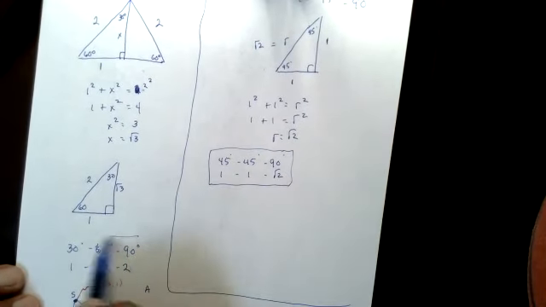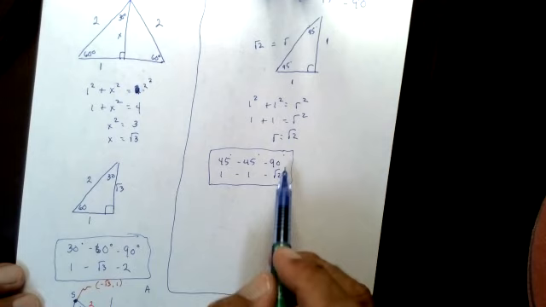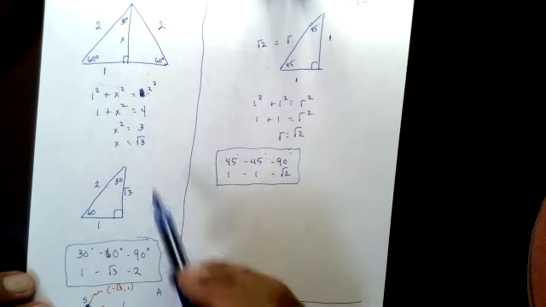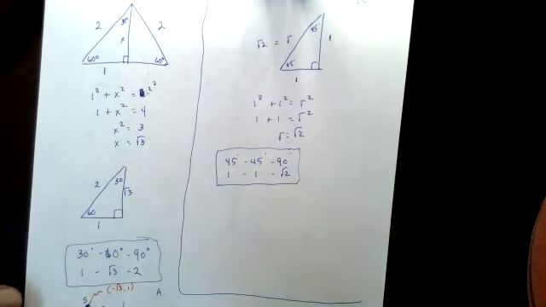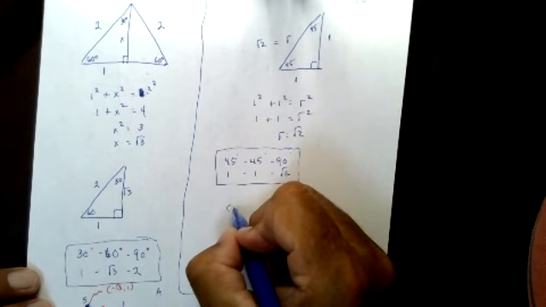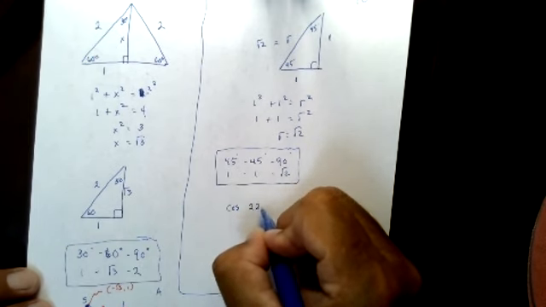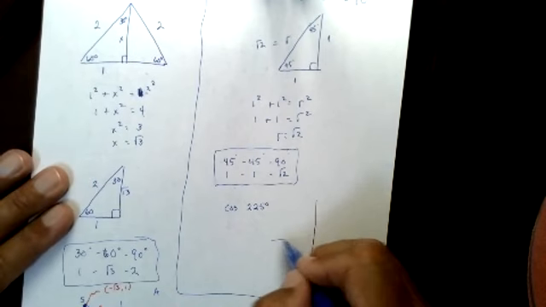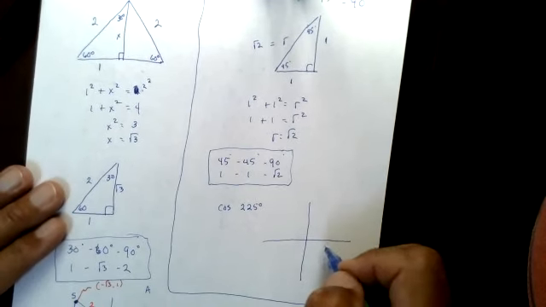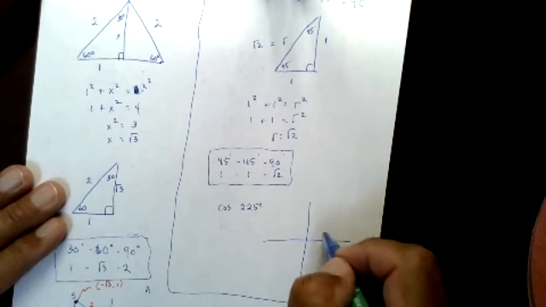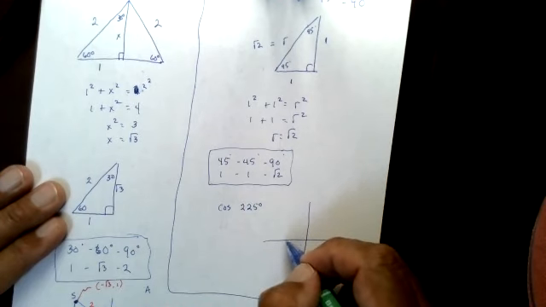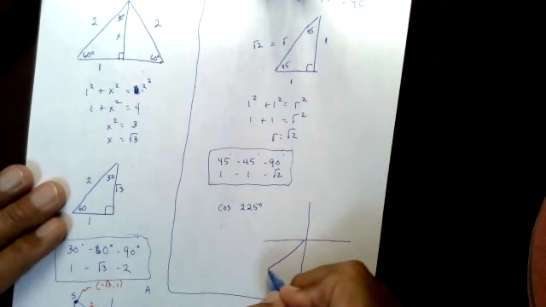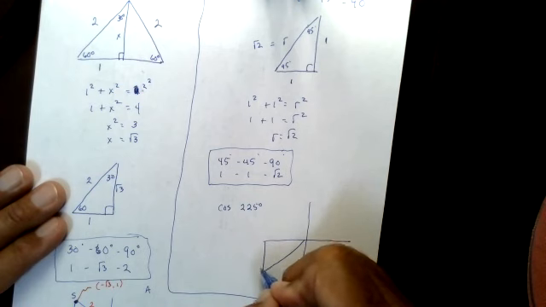So a lot of times knowing where these guys come from gives you a better understanding of dealing with them. So let's say now I want to take the cosine of 225 degrees. I draw my coordinate system. I go 90, 180, there's 225.